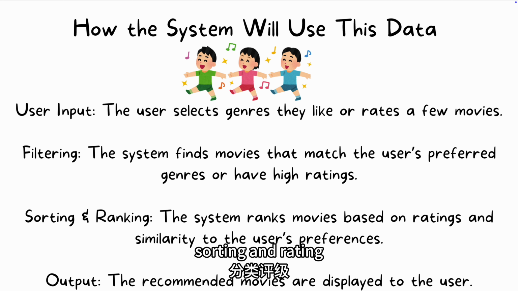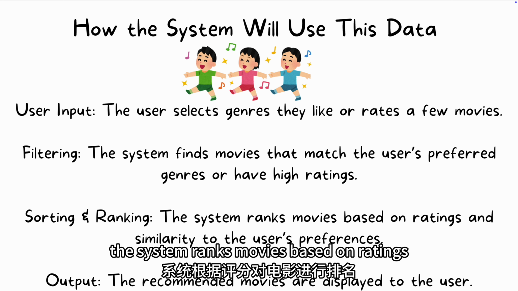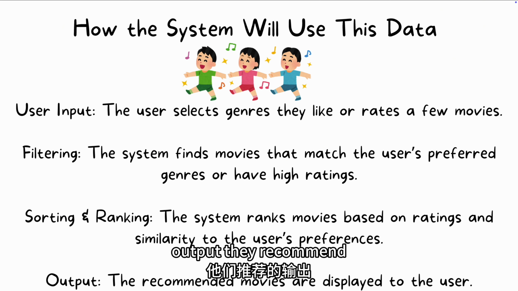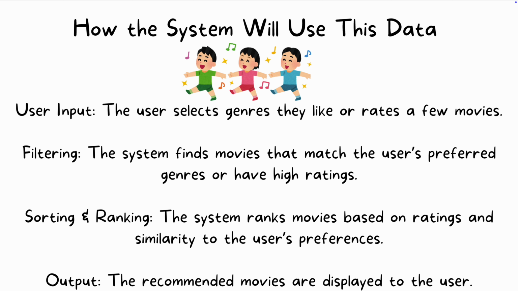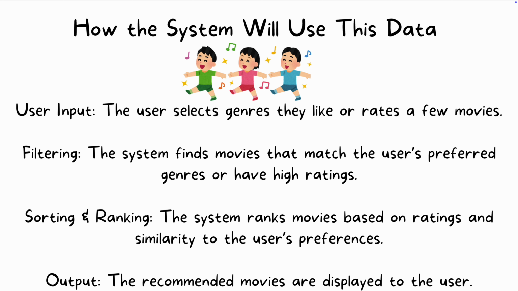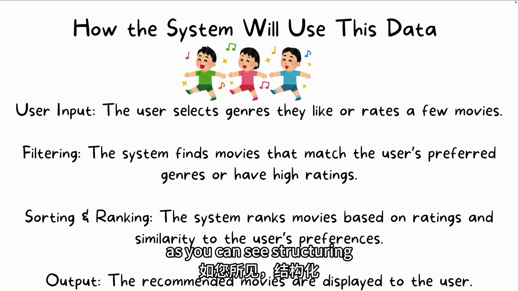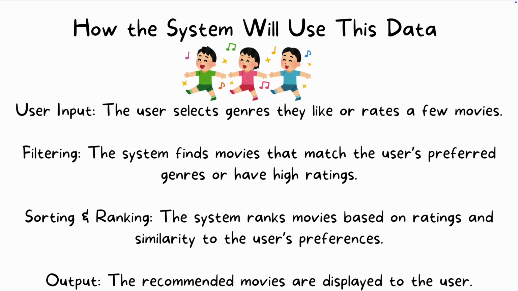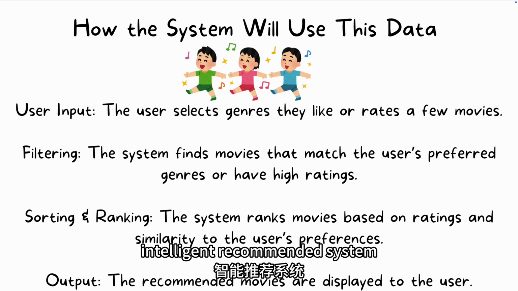Sorting and ranking: the system ranks movies based on ratings and similarity to the user's taste. Output: the recommended movies are displayed to the user. As you can see, structuring the data properly allows us to build an intelligent recommender system.